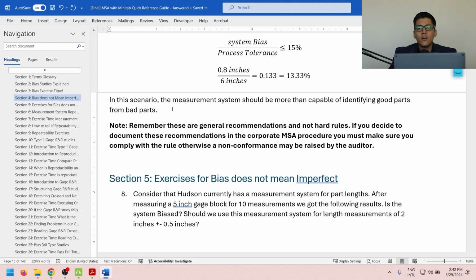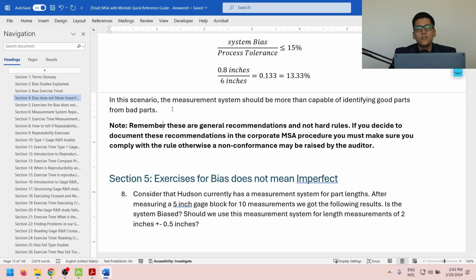If you decide to document these recommendations into your corporate MSA procedure, you must make sure to comply with the rule. Otherwise, a non-conformance may be raised by your auditor. In plain English terms, if you write this rule into your MSA validation corporate procedure and say bias cannot exceed 15%, then you're going to have to meet it because you yourself are saying, I will meet the spec.